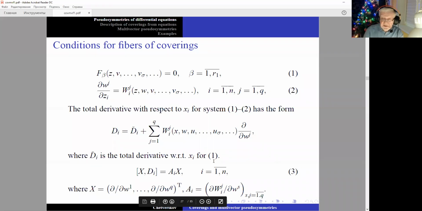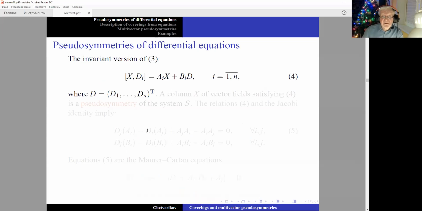Now let's consider an invariant version of these conditions. Conditions 4.